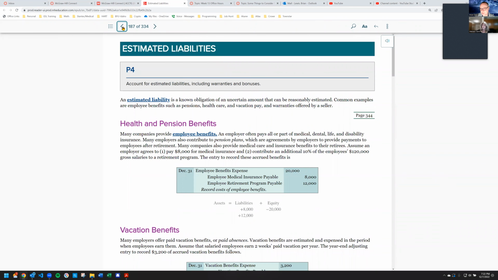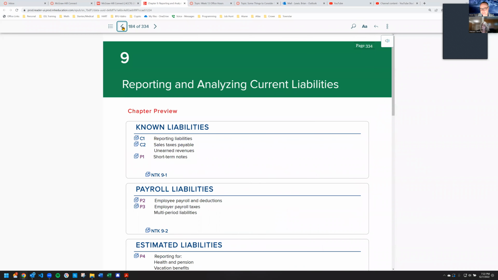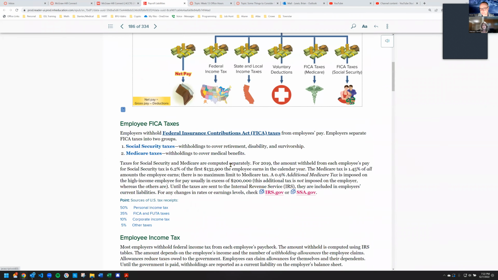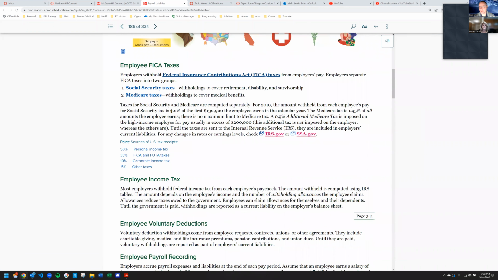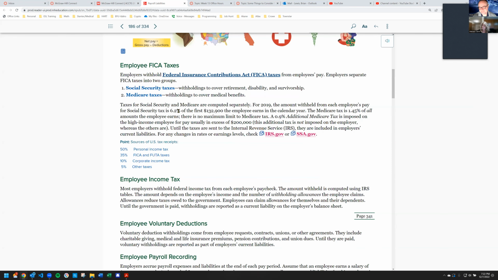This is a total of 7.65 if I remember right. Employee payroll taxes: 6.2 on the social security piece and 1.45. So it's a total of 7.65. So you'll definitely want to remember these just in case they don't give them to you.